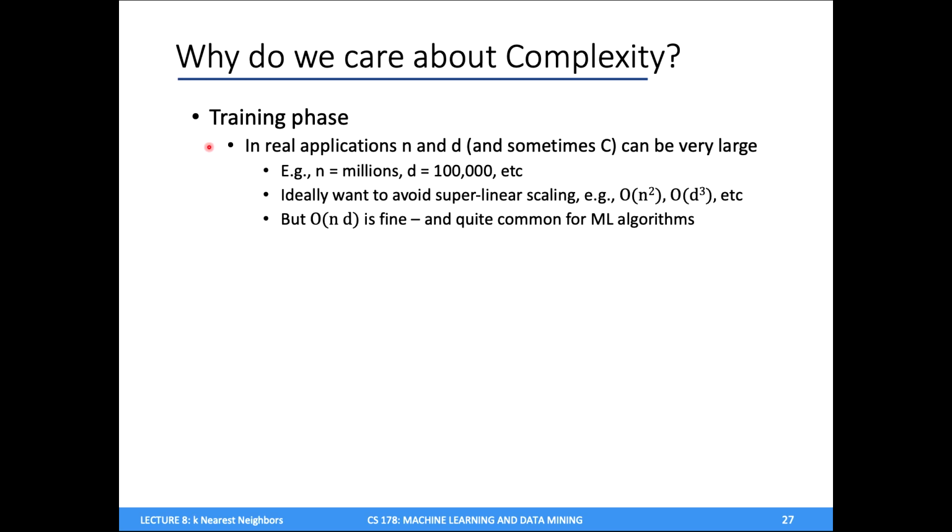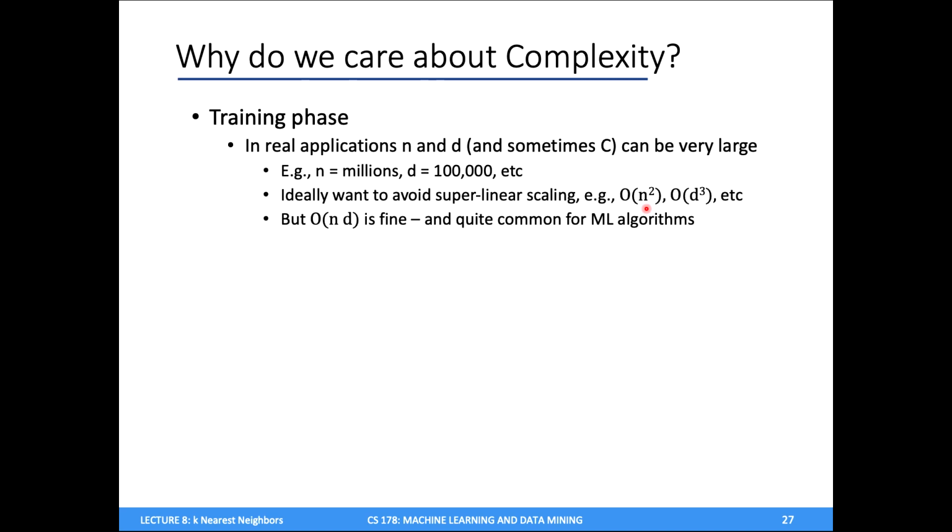The reason is that in real applications, in practice, your data set size n and your dimensionality d oftentimes can be huge. So n could be on the order of millions of data points, or even sometimes billions of data points nowadays. And you might have something like 100,000 different features in your data set, or even larger. And so, of course, we want to avoid scaling that is larger than linear.